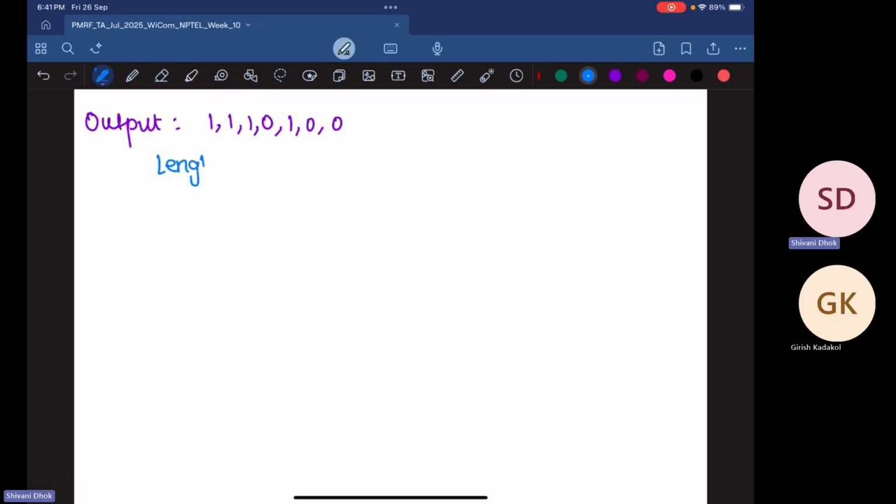Length of sequence is 7. Now we had seen that if we count the number of zeros, they come out to be equal to 3, which is basically equal to 2 to the power 3 by 2 minus 1.